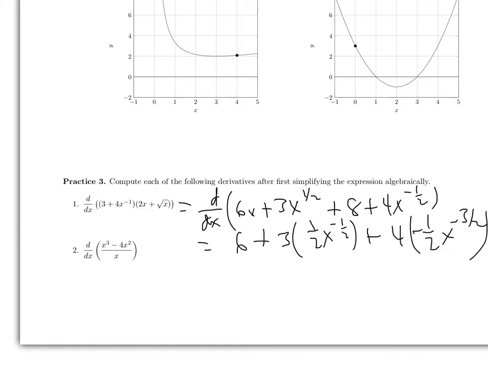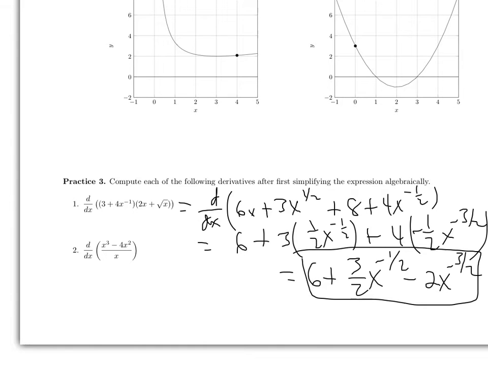So I can simplify this a little bit, because I can say that 3 times 1/2 is 3/2, and that 4 times minus 1/2 is minus 2. So this will be my formula for the derivative of this expression.